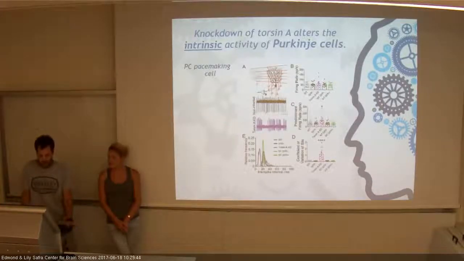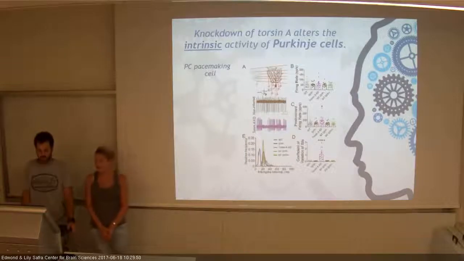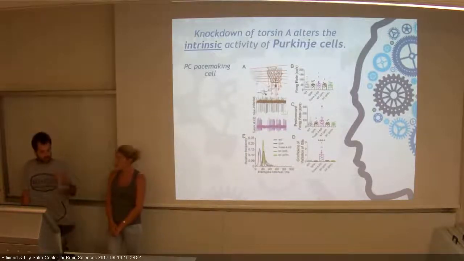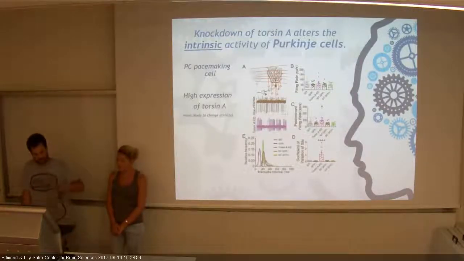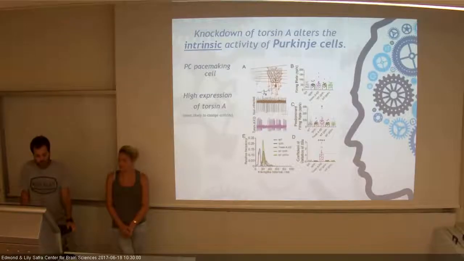The first thing they wanted to check were the Purkinje cells because they are pacemaking cells. They know that the Purkinje cells are supposed to have intrinsic activity regardless of what their input is, and they also know that they have high expression of torsin A, so it was most likely that this torsin A knockdown would affect them.